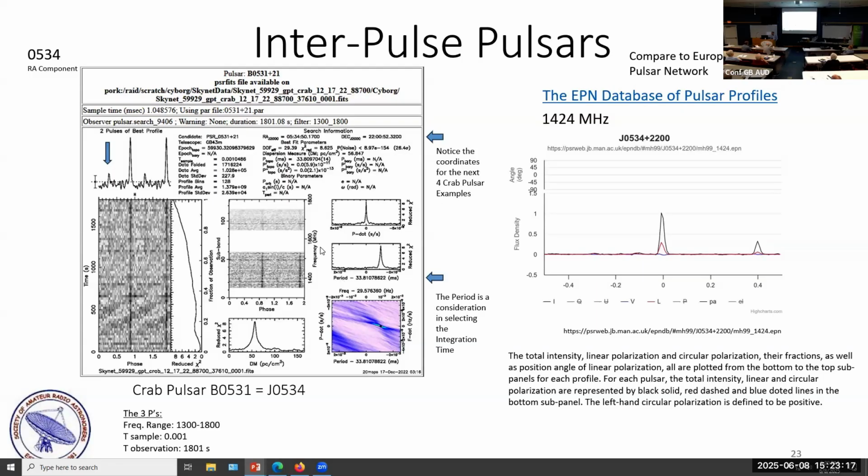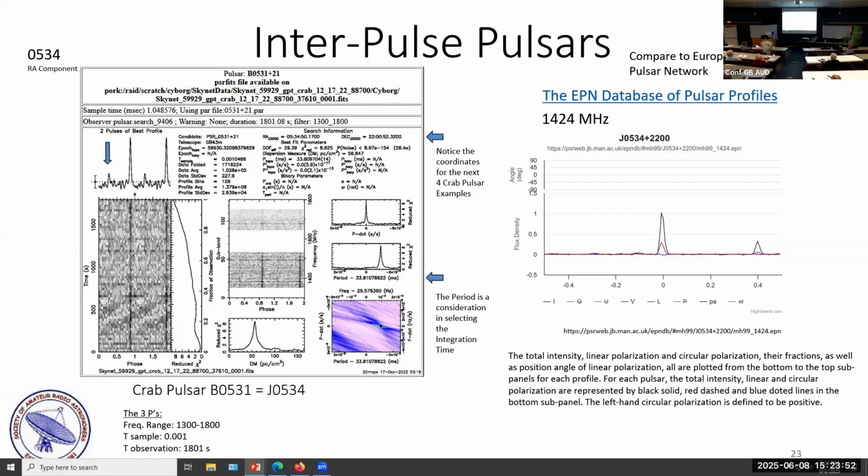Now, for this particular demo, I found a new pulsar database. Usually I'm using the Australian database of pulsars, which is very useful for all of these. But for this particular type of pulsar profiles, the best I found out there was the European Pulsar Network. They actually have professional diagrams of pulsar results, so you can compare the two. As one extra measure, it helps in finding out how to actually pick up the interpulse.